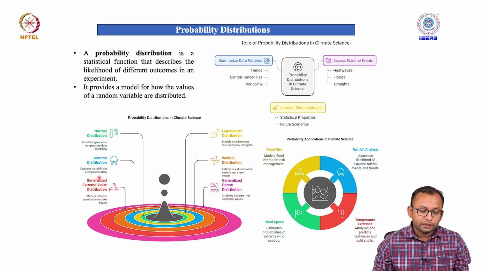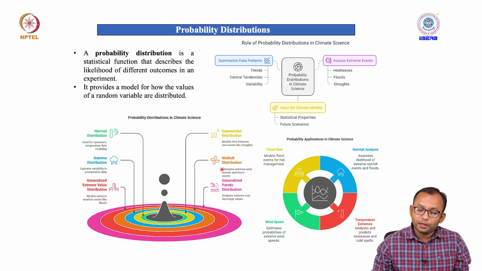Particularly, there is a distribution function called the generalized extreme value distribution, the GEV distribution. These are generally used to model extreme value events or extreme weather events like floods, droughts and cyclones. Then we have exponential distributions, which model rare events like droughts, and we can also apply these types of distributions there.